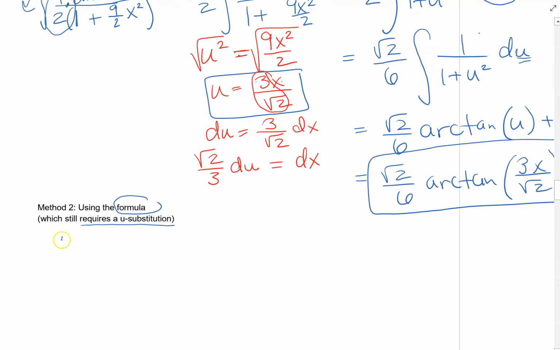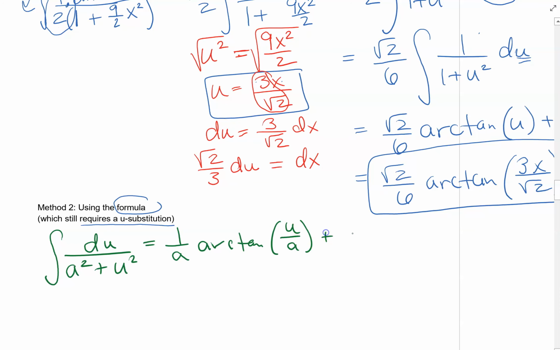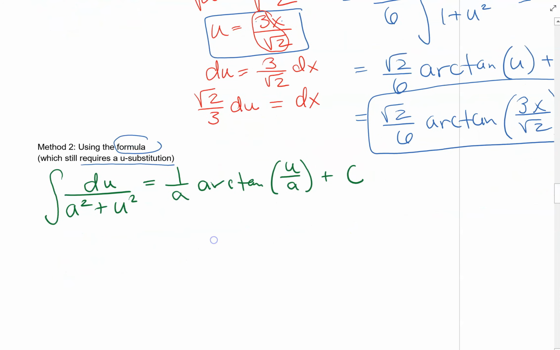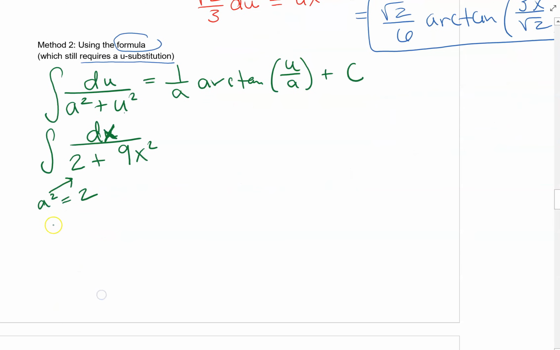So the formula says, if you have du over a squared plus u squared, that's equal to 1 over a arctan of u over a. So I would have to realize that if I'm comparing it to this integral, a squared is 2. So then a is the square root of 2.